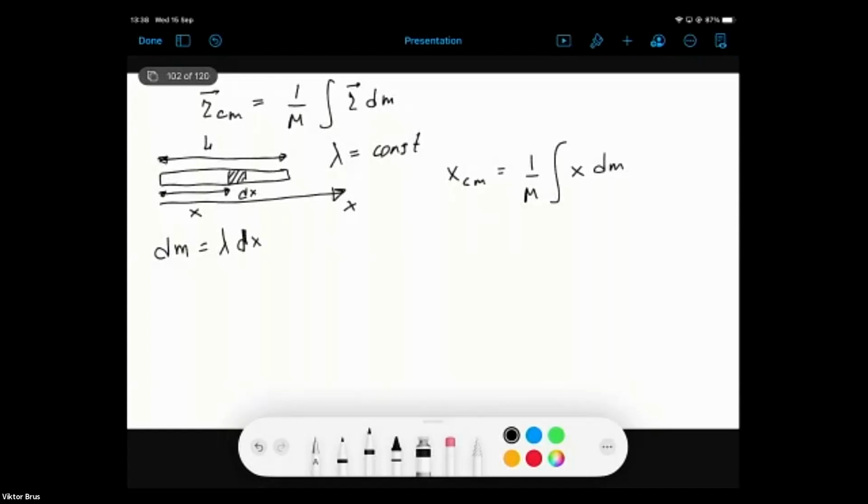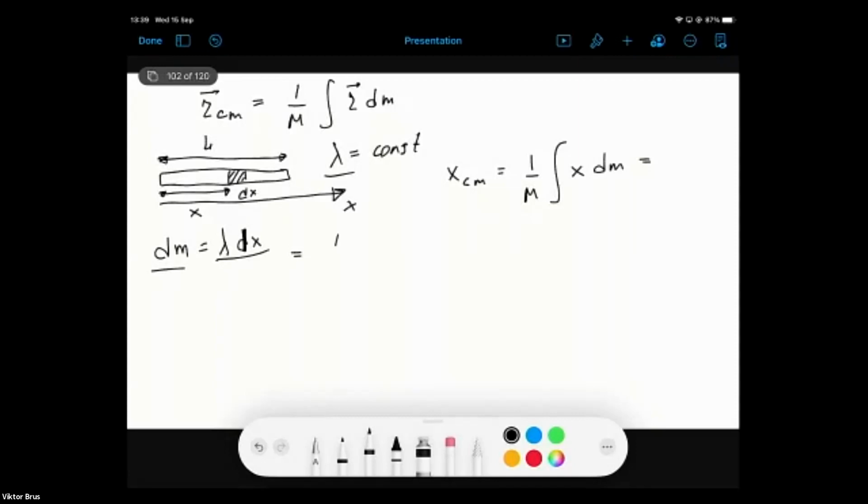So we know this uniform linear density, and obviously if we multiply this linear density by a small length dx, it will give us the mass of this small part of the rod, dm. So we can now substitute instead of dm this expression.